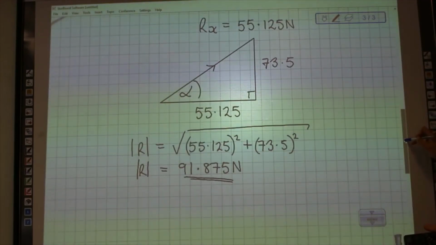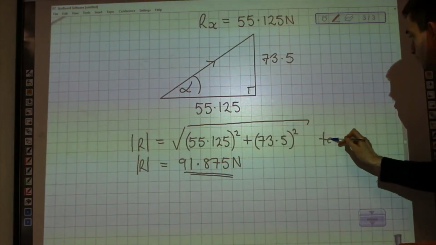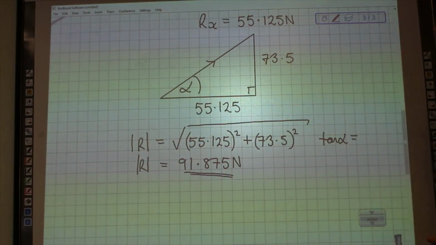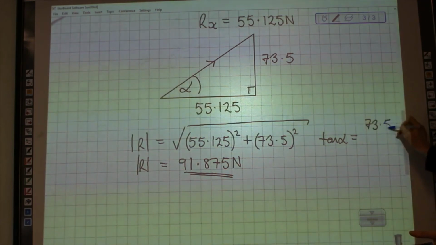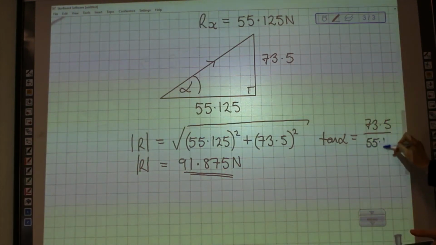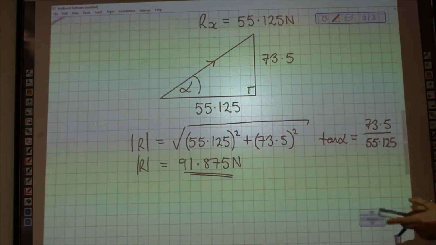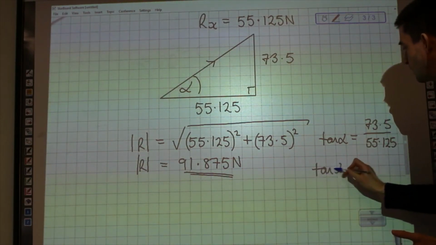Now, the direction, I'm trying to find the angle alpha, so I'm saying that tan alpha is 73.5 over 55.125. I wonder if you believe me when I tell you that that simplifies to 4/3. So tan alpha is 4/3.